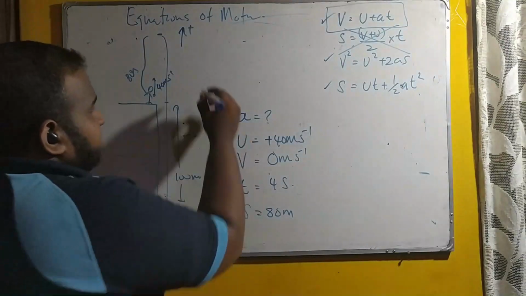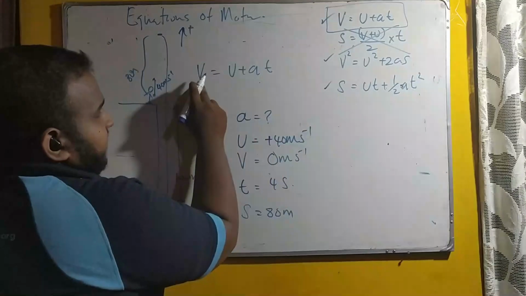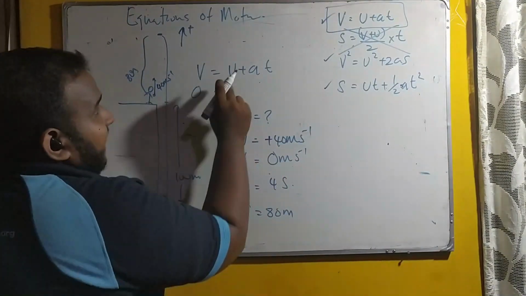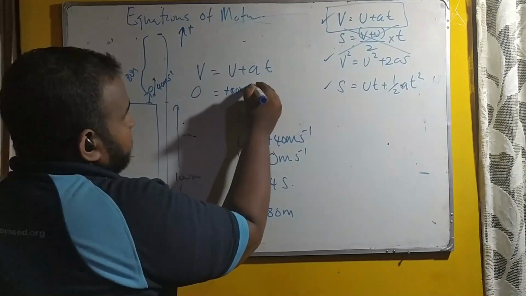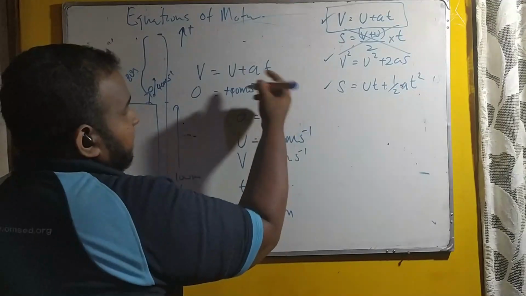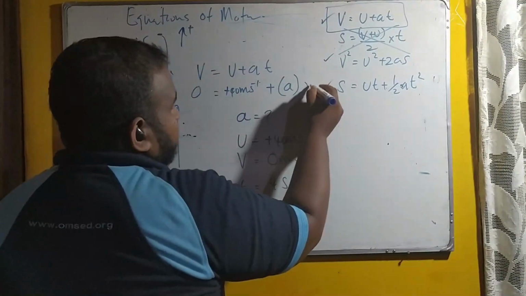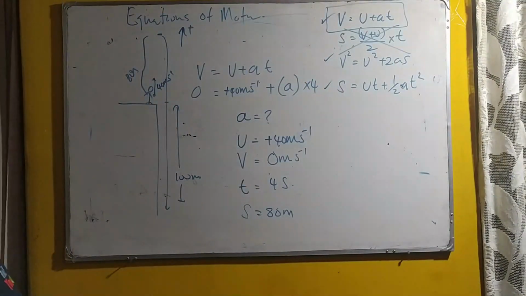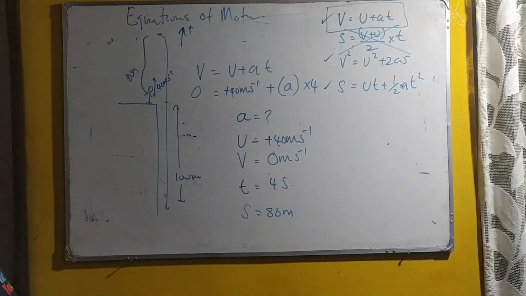So here, v = u + at. The final velocity v is 0, and the initial velocity was plus 40 meters second minus 1, plus the acceleration, which we don't know and need to find, a into time taken, which was 4.